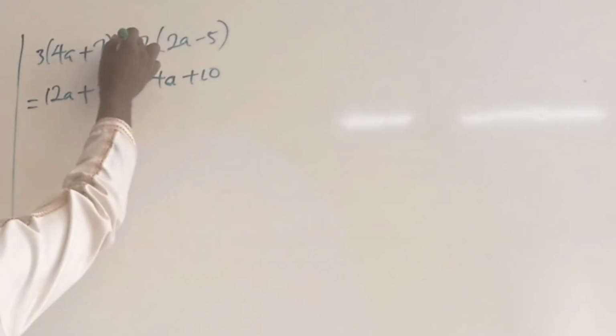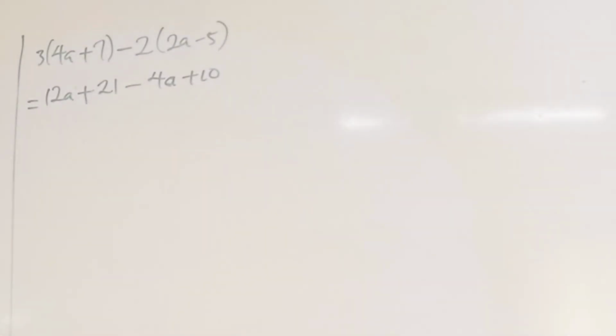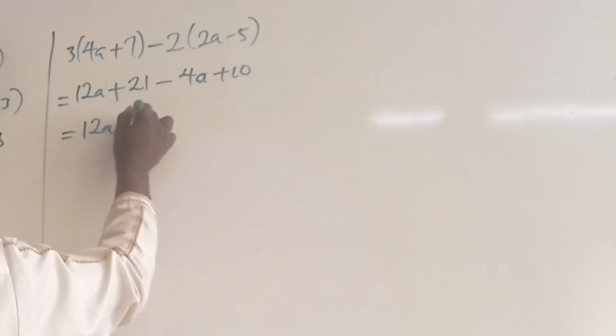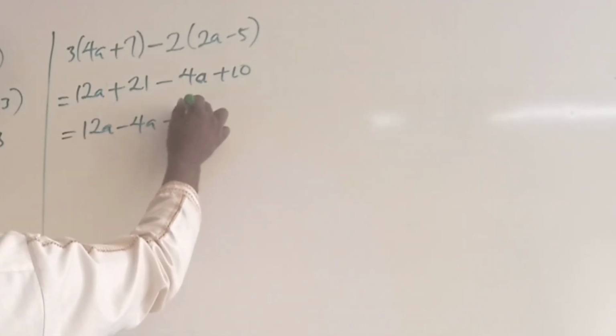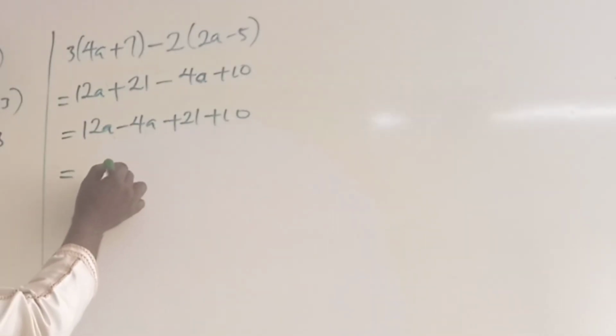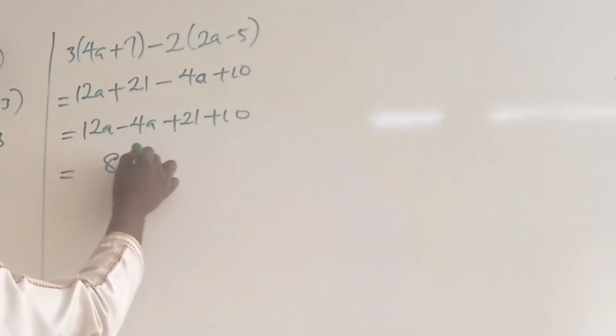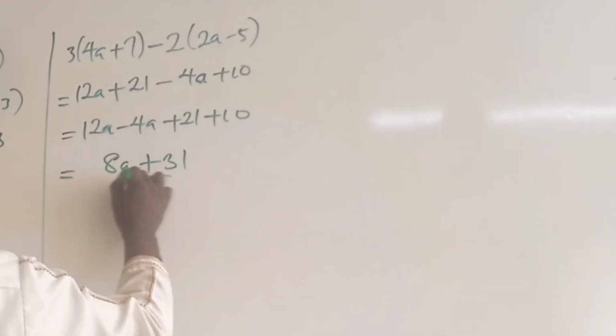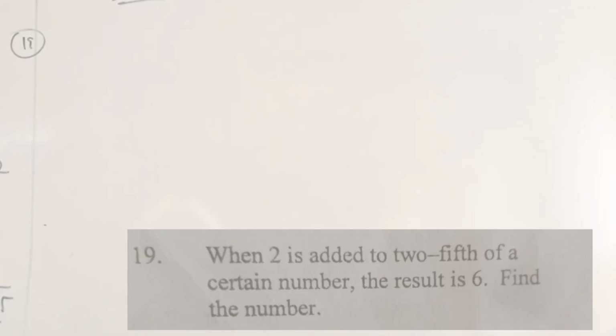Please be careful with this minus. 12a minus 4a plus 21 plus 10. This gives us 8a plus 31. Answer.